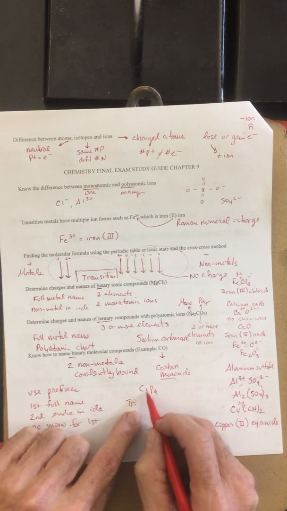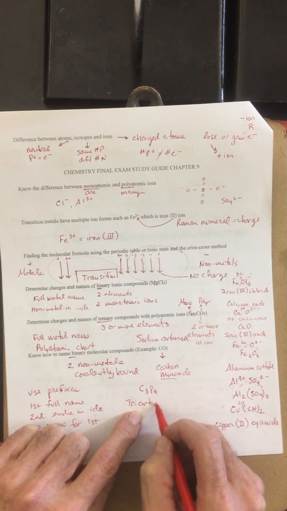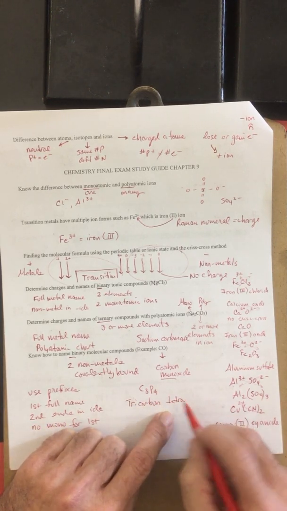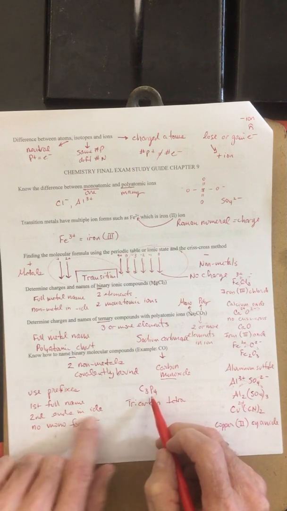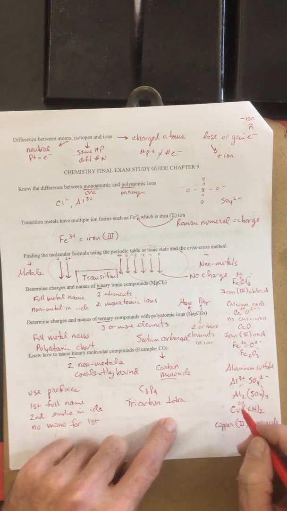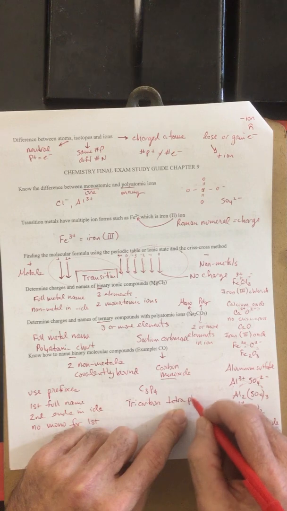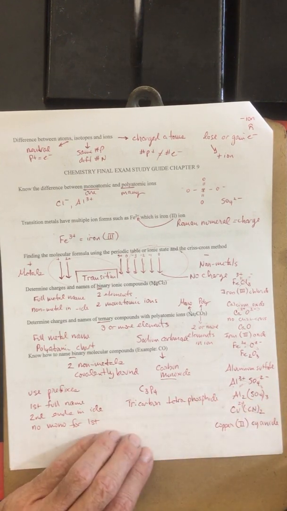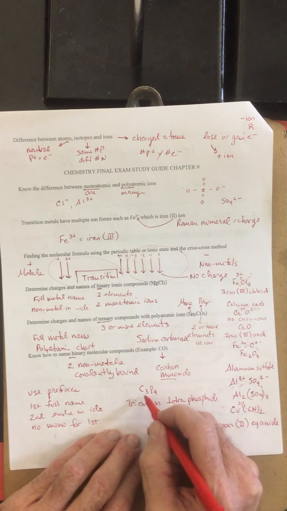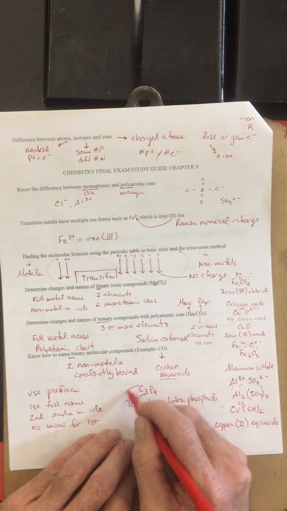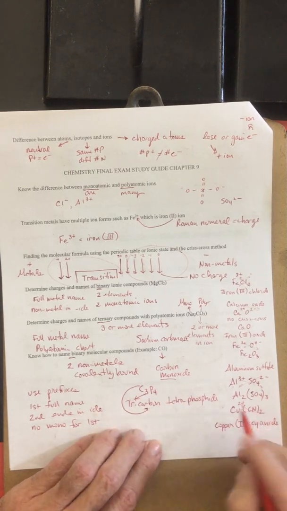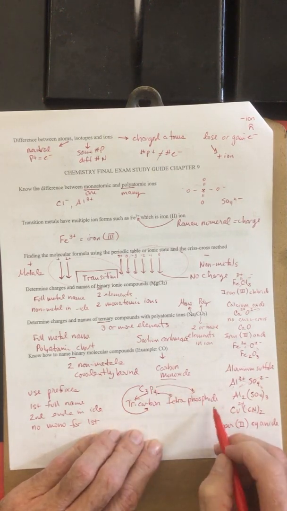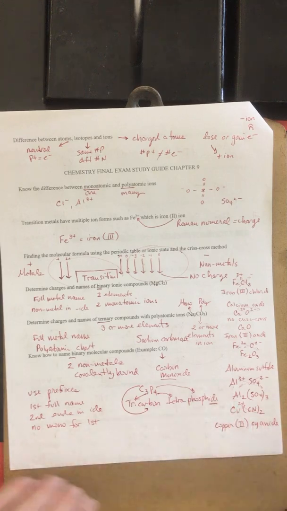First one gets the full name, tricarbon. 4 is tetra. The second one ends in IDE, so this is phosphorus, so this is going to be tetraphosphide. Tri for the 3, carbon for the C, 4 is tetra, and for the phosphorus, ending in IDE.